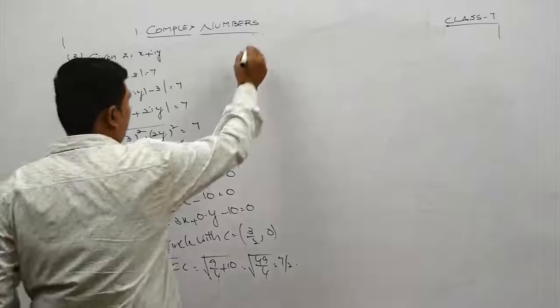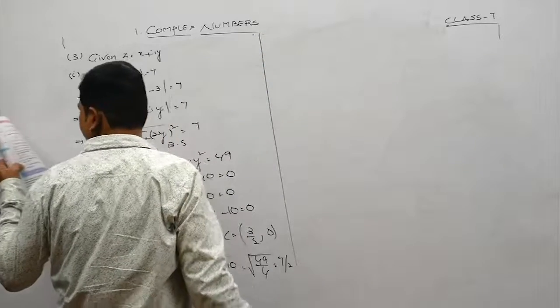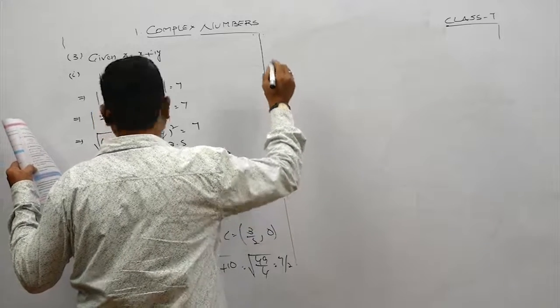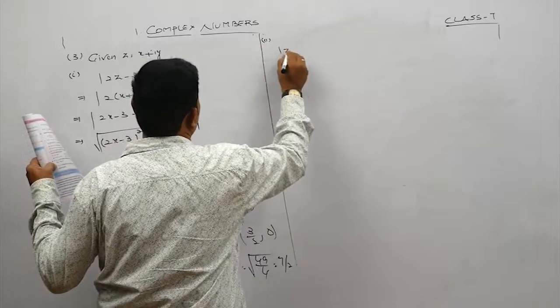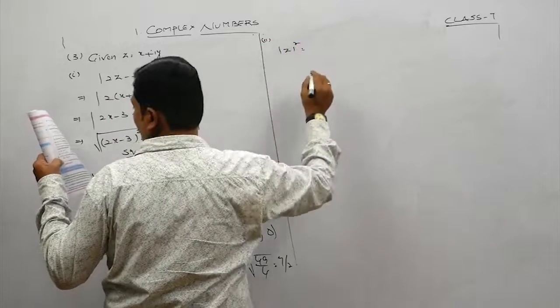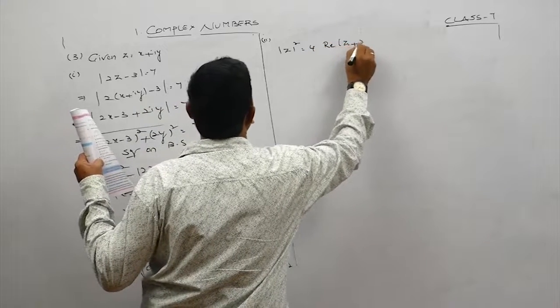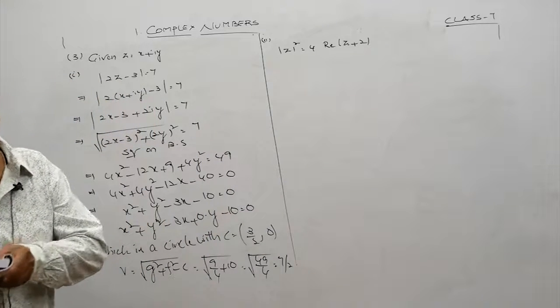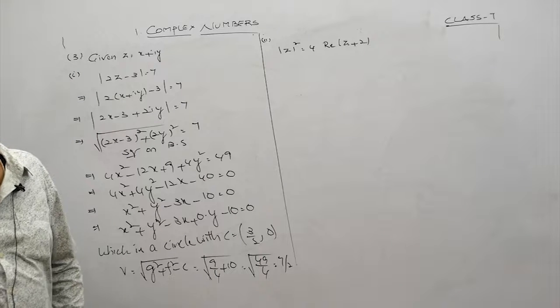ఇదే తరహాలో రెండు mod z square is equal to 4 into real of z plus 2. అయితే find the locus.